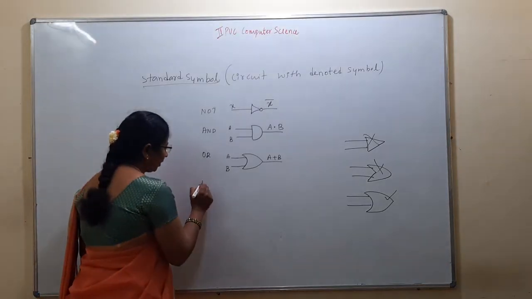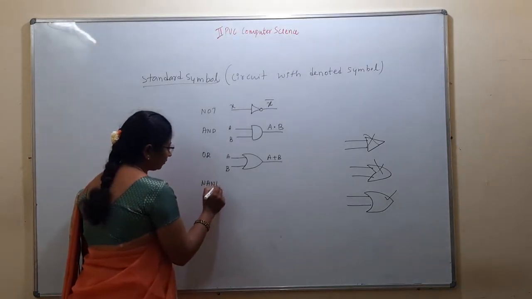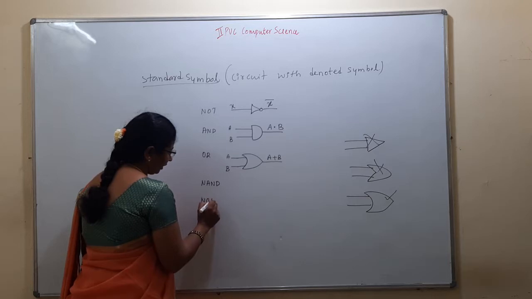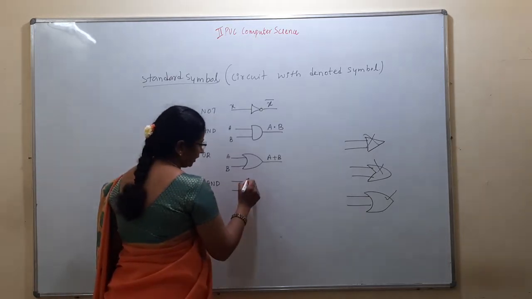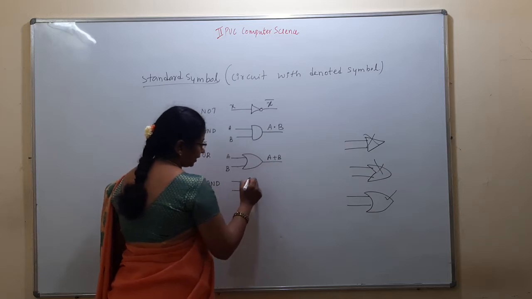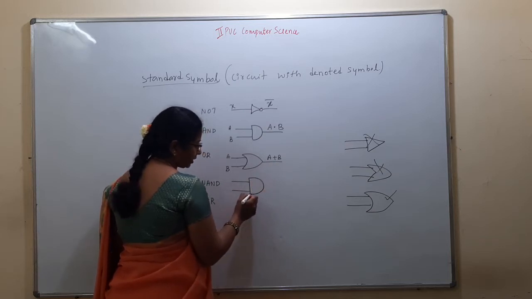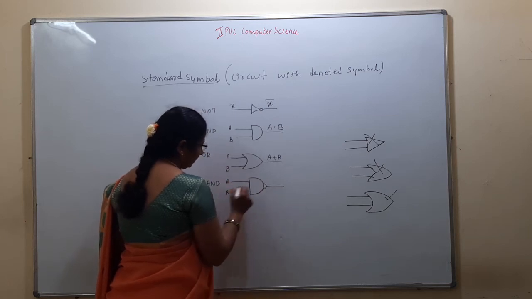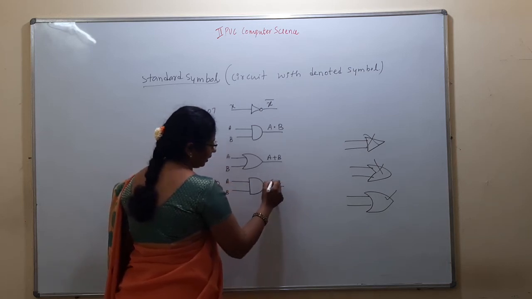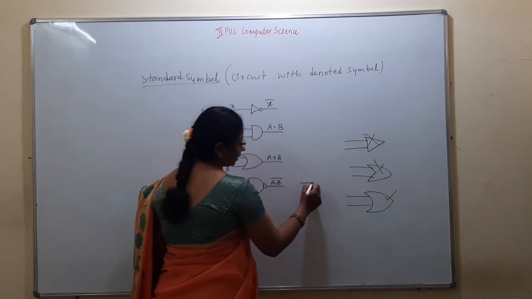Then come to your NAND gate, then the NOR gate. For the NAND gate, two input signals A and B are given to the AND gate, immediately a bubble, A into B whole bar. Please don't write this.